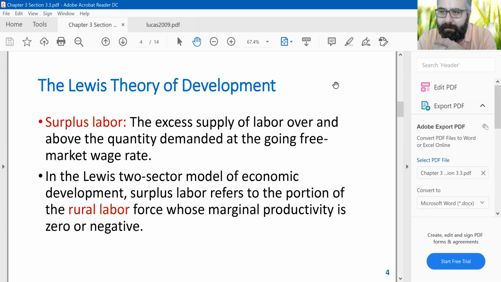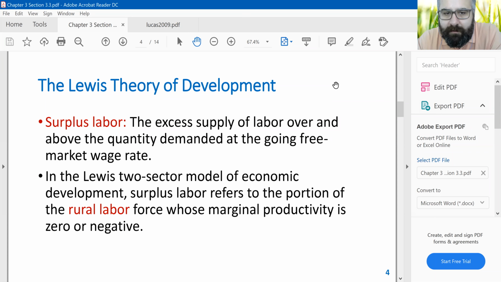And in the Lewis model, we have, of course, two sectors, right? Agricultural sector and manufacturing sector. So there exists this surplus labor in the agricultural sector where marginal productivity is zero, and along economic development, this surplus labor will be transferred to manufacturing.